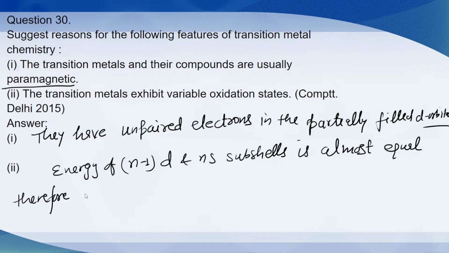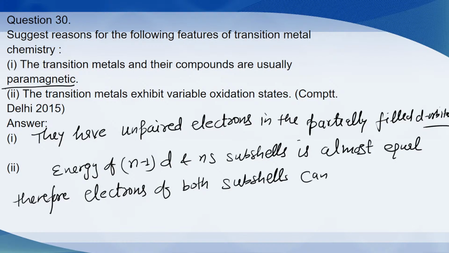Therefore, electrons of both subshells can participate in bonding, and that's why they can show variable oxidation states.